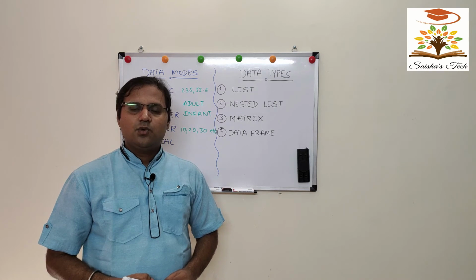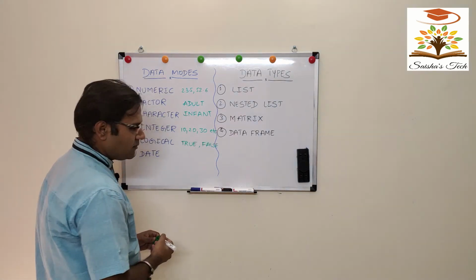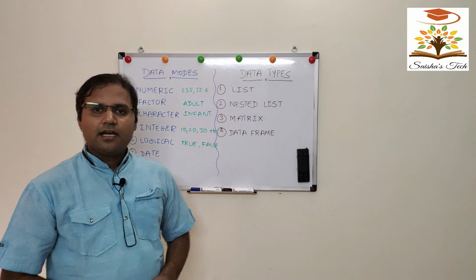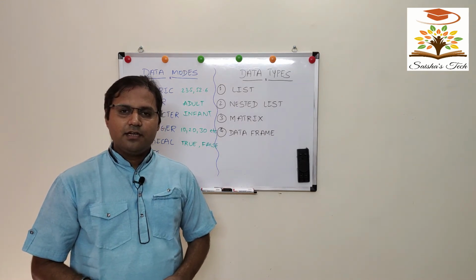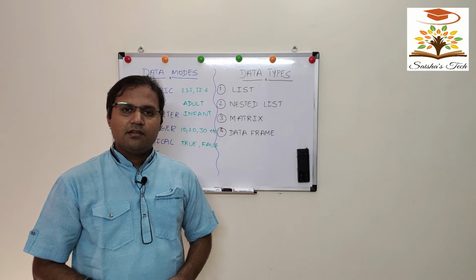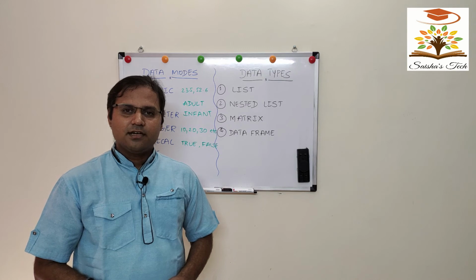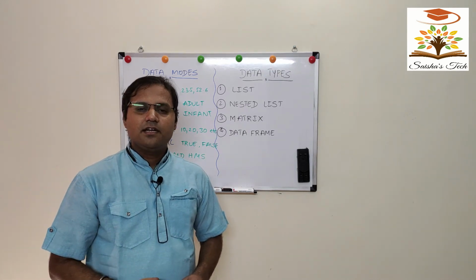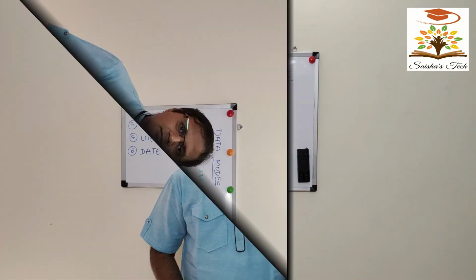Logical are true and false. Similarly, another data mode is date, where you can store the values in year, month, day, hour, minute, seconds, milliseconds, etc. These are the different data modes of R.